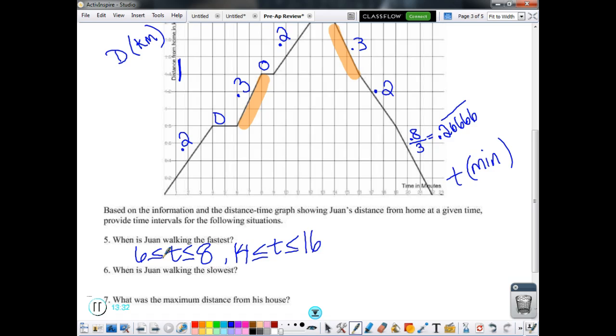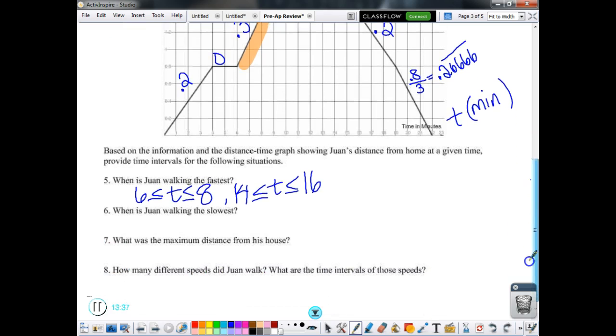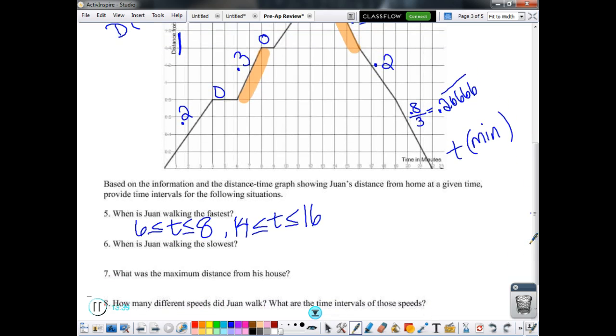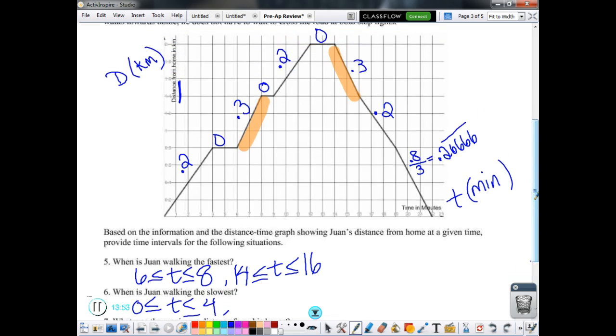Got it? When is he walking the slowest? 0.2, right? So that's from 0 to 4. And then 9 to 12.